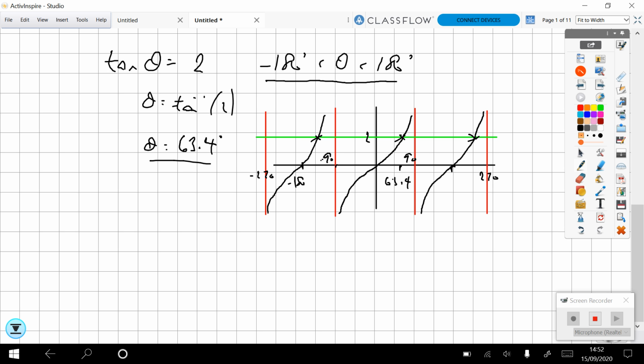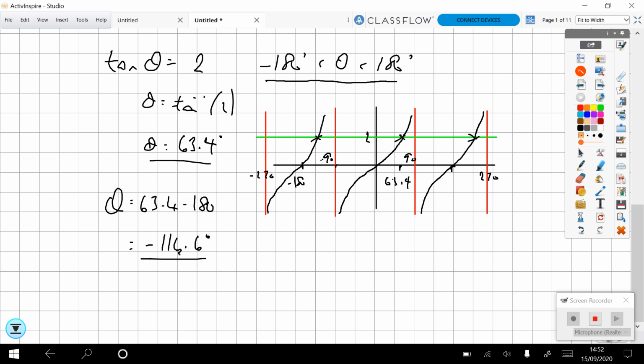Now, the nice thing about this is the graph cycles every 180 degrees. So all we have to do is take the 63.4 that we worked out, and we can add or subtract multiples of 180 to that. We want to go to the left, so I'm subtracting 63.4 from 180, which makes negative 116.6 degrees.